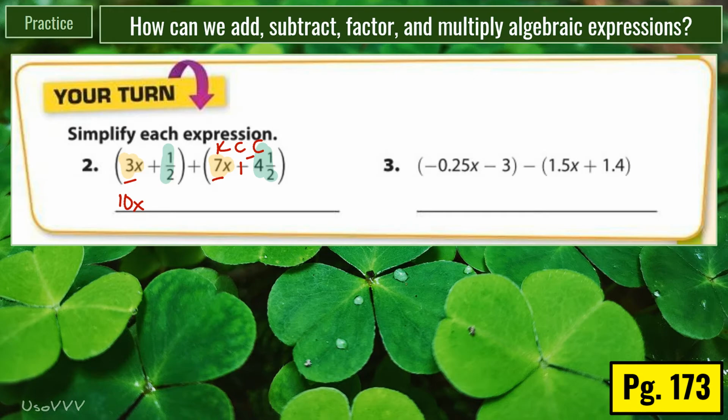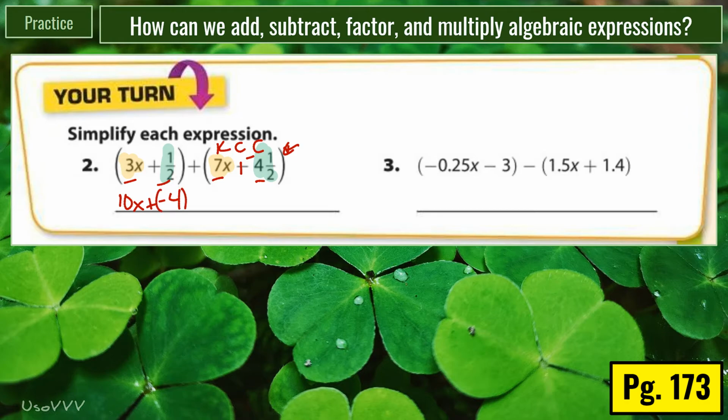And if I've got a half of something and a negative 4.5 of something, since they're different signs, I can subtract 4.5 minus 1/2 leaves me with 4. And since this had more, we're going to keep its sign.